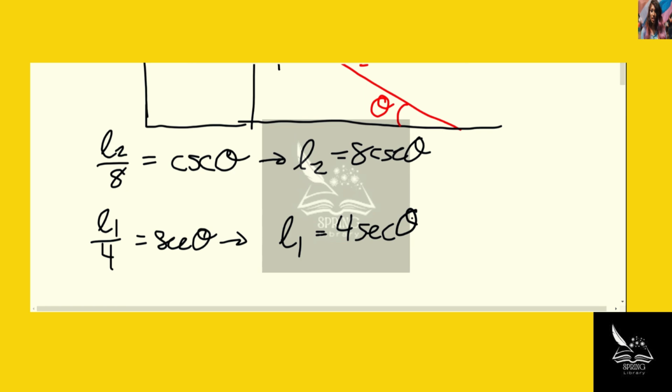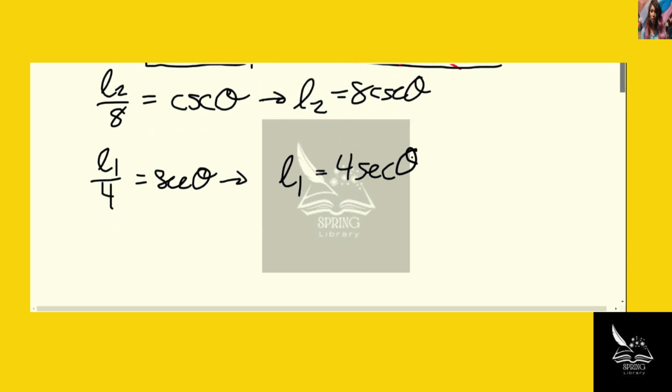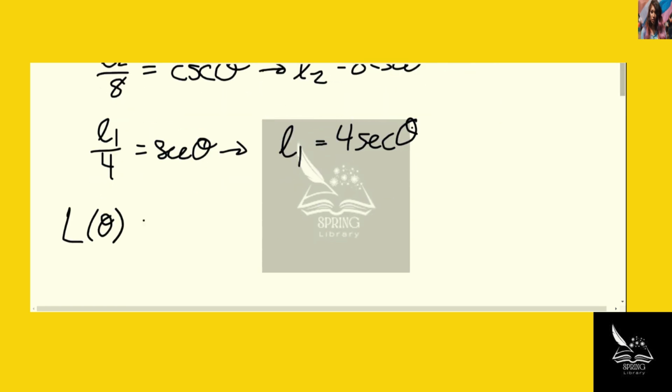And therefore the total length L as a function of theta is 4 secant of theta plus 8 cosecant of theta. Now to minimize L, we're going to take the derivative and find critical values.